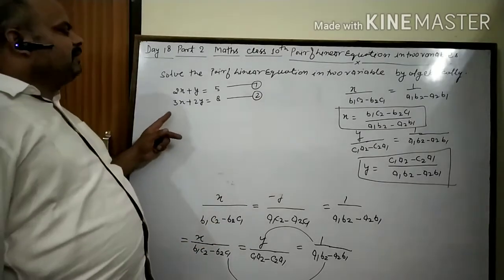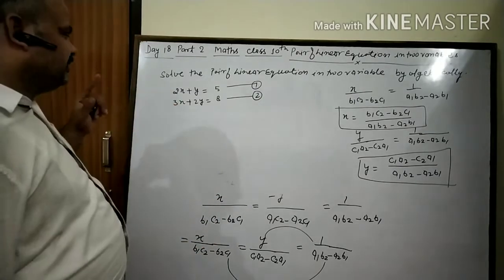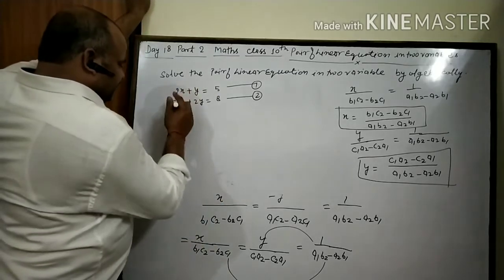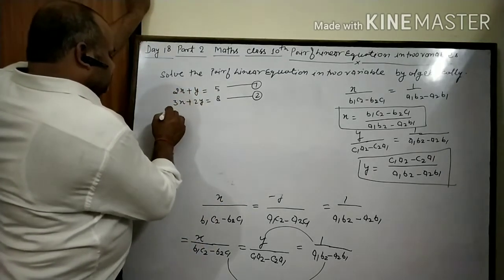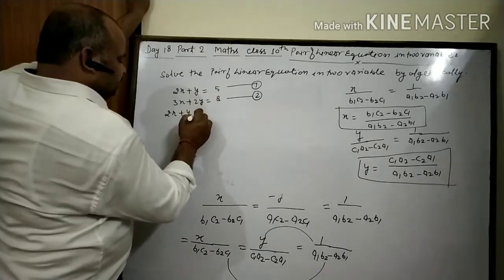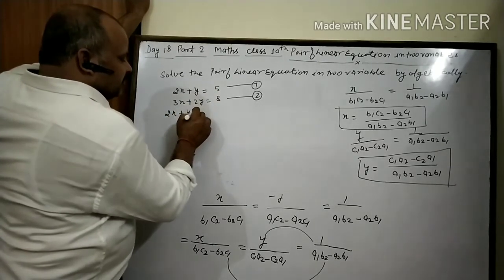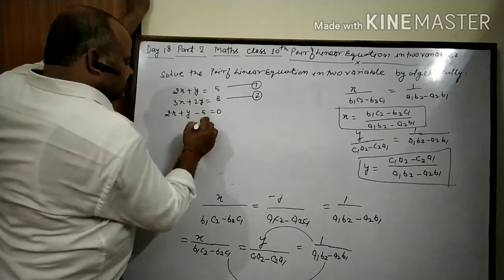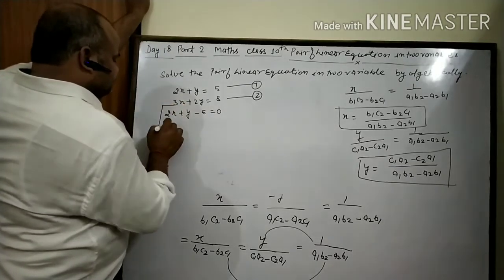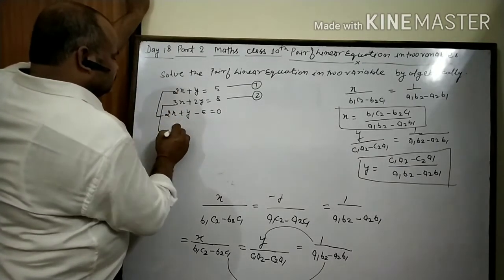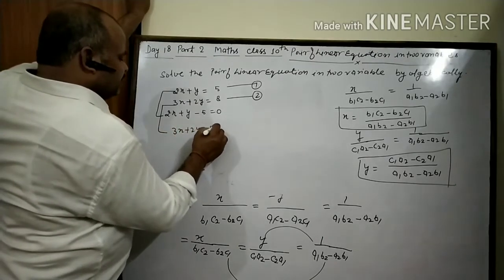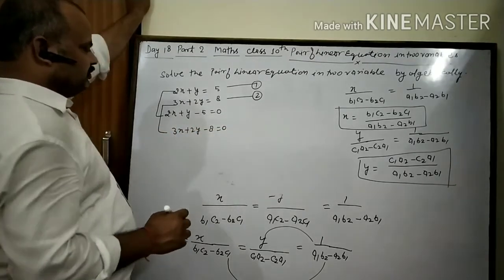Then first of all, you can write the coefficients a1, b1, c1. It will be written 2x plus y, and the 5 comes to this side, minus 5 is equal to 0, and this one is 3x plus 2y minus 8 is equal to 0.